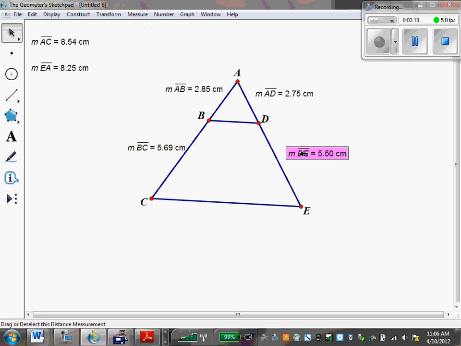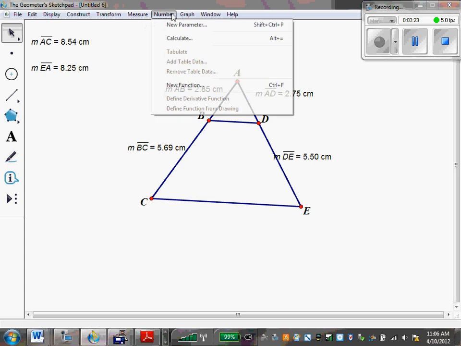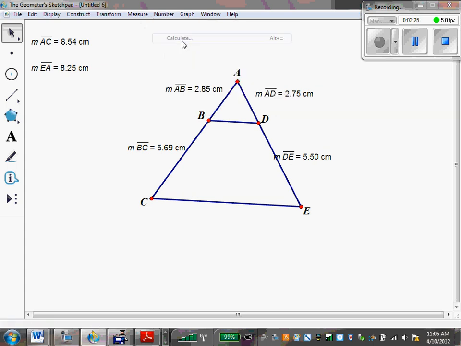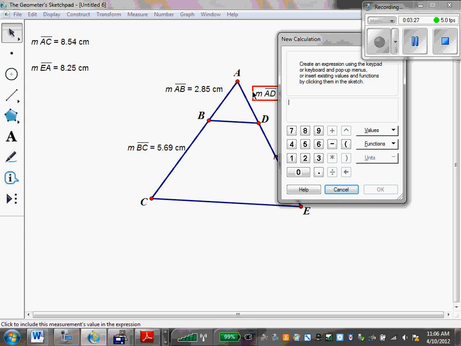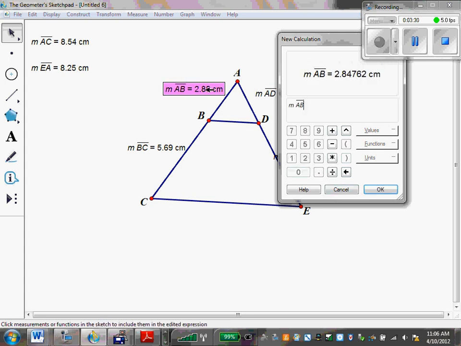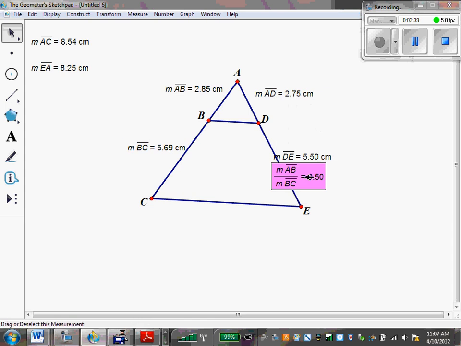Okay. So now we have the lengths. We want to see if they are proportional. So I am going to open the calculator and I am going to say line segment AB, and I'm going to divide it by segment BC and hit OK. We'll put that over on this side.